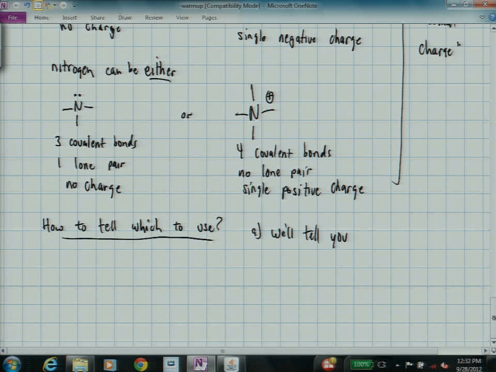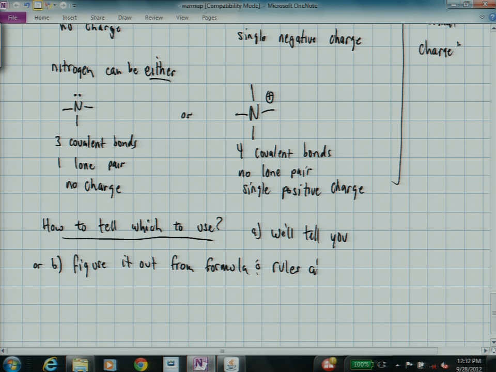Or B, you can figure it out from the formula and the rules above. All right?